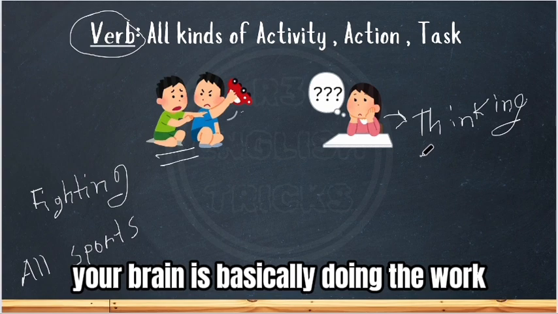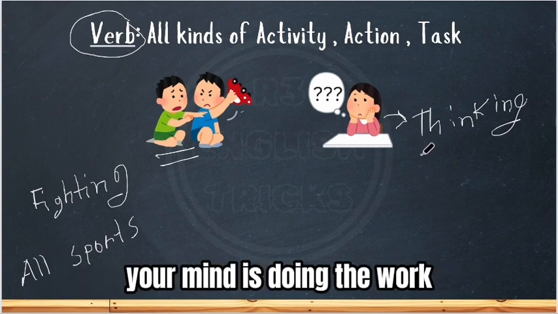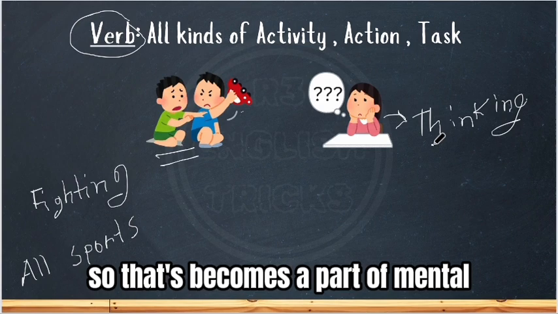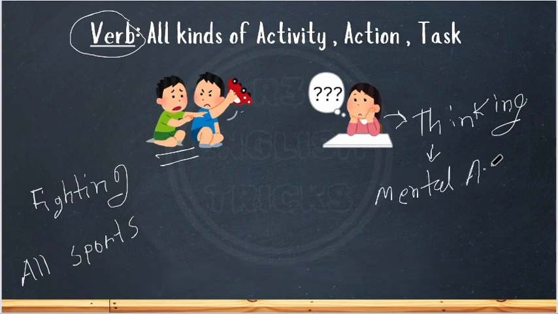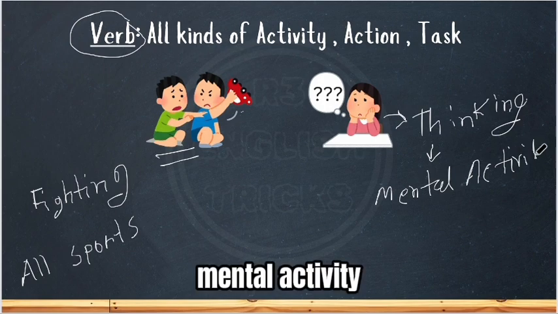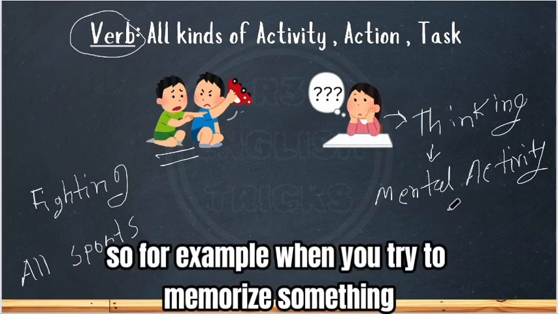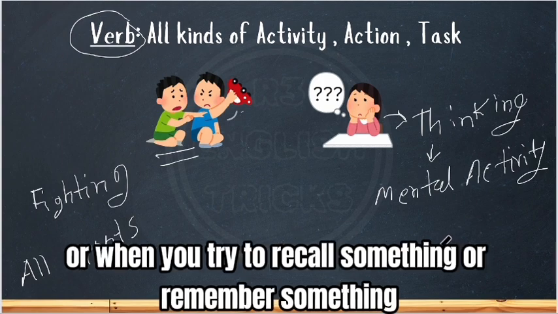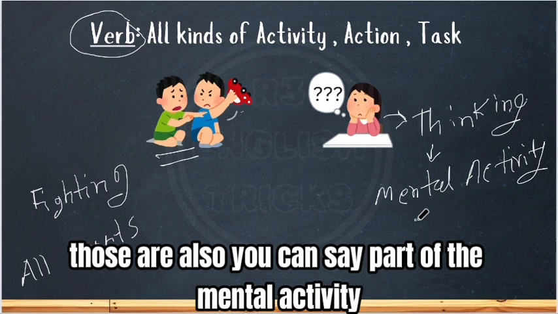Your brain, your mind is doing the work. So that's part of mental activities. For example, when you try to memorize something, or when you try to recall or remember something, those are also part of mental activity.